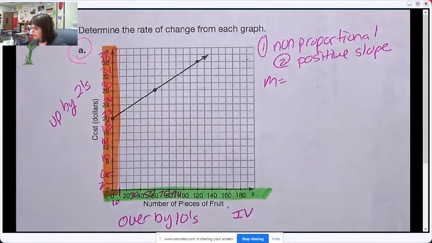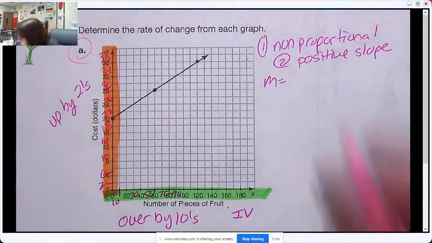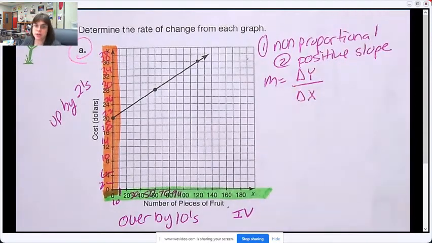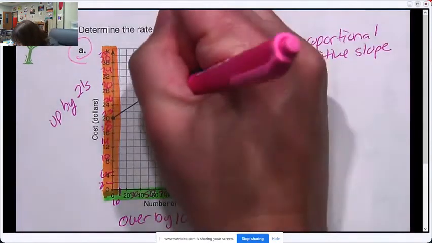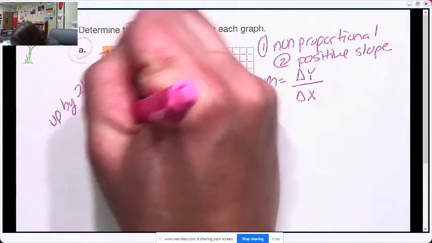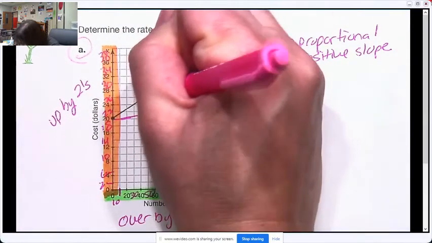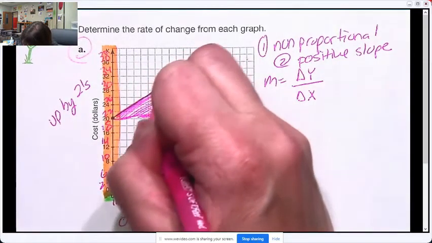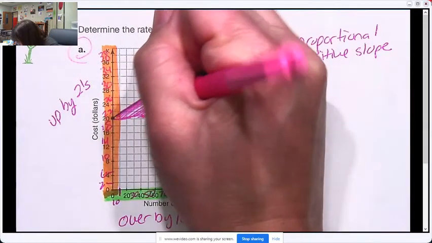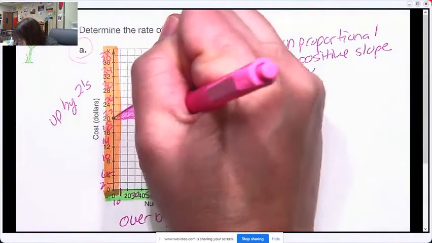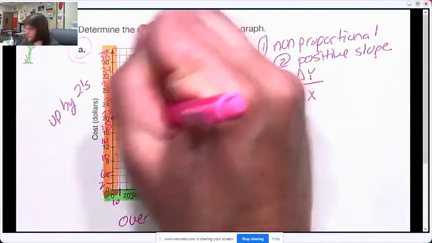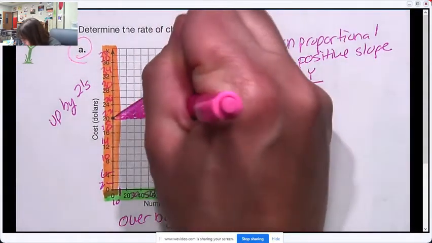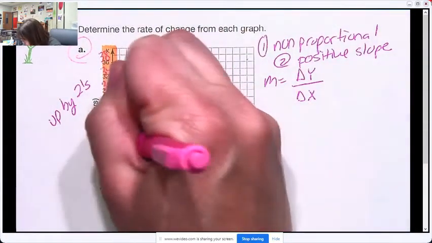All right, so I still need to find my change in y over my change in x. So I need to make my triangle. So I'm just going to connect the points they gave me together. Shade that in a little bit more. Okay. I'm going to put y because that's my rise, right? X because that's my run.